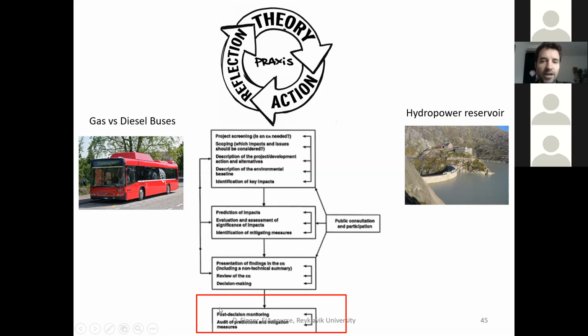We had to look into the post-decision monitoring of the introduction of biogas buses in the city of Bern in Switzerland.